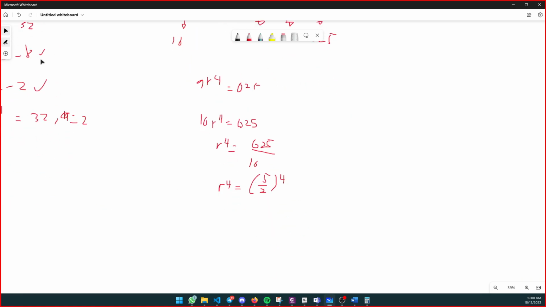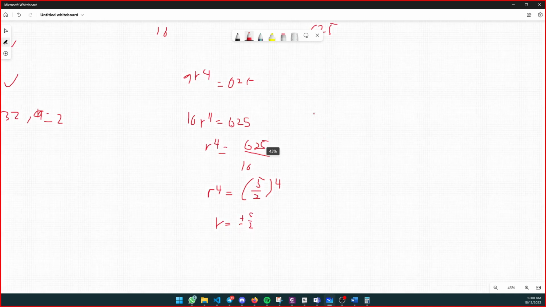So I can do it straightforwardly like this. It's just a trick. If you notice this pattern, nice. If you don't notice, it's completely fine, because if you put it in the calculator, you still get the same answer. But don't forget the plus minus. So r equals plus minus 5 over 2.